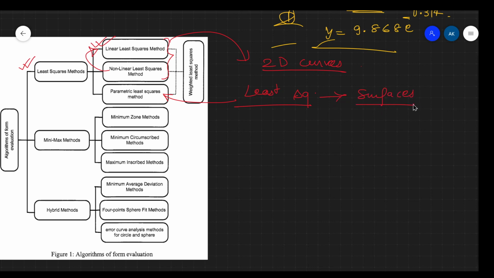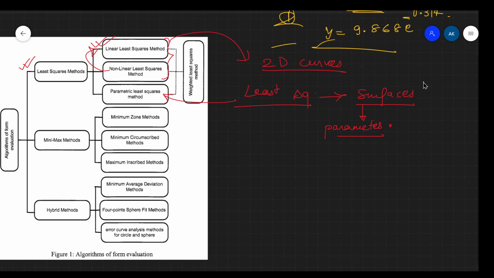Now, to express a surface, in general we represent surfaces by parameters, and those parameters can be optimized. Those parameters are the variables, and that function can be differentiated with respect to those parameters and optimized to suit the coordinates given to us.